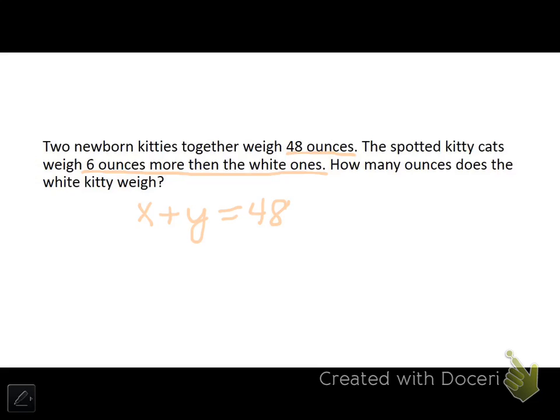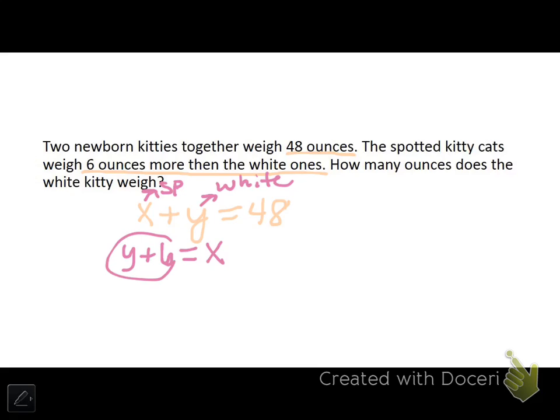Okay, so then let's say this x is spotted, and this y is white. So the spotted cat weighs 6 ounces more than the white one. So if I add 6 to my white one, I should get however much my spotted one weighs.